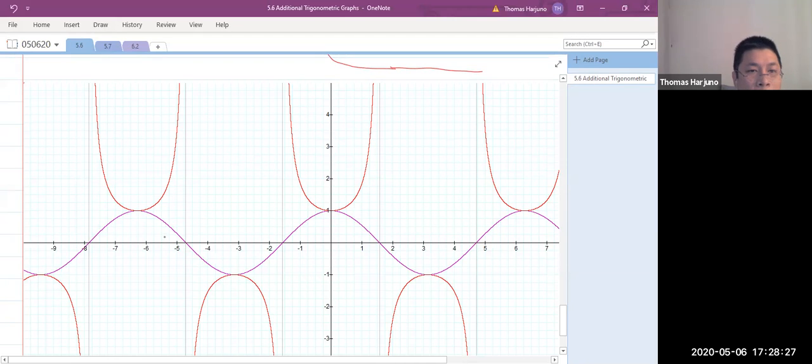So this is y equals cosine x, and the red one is y equals secant x.